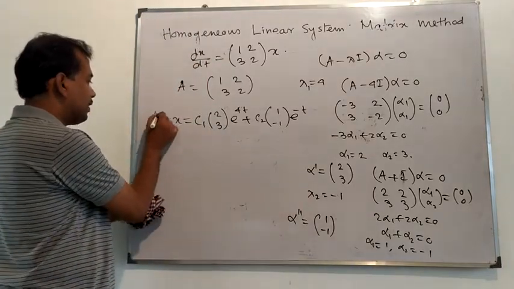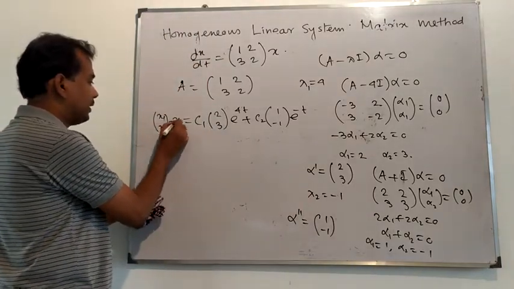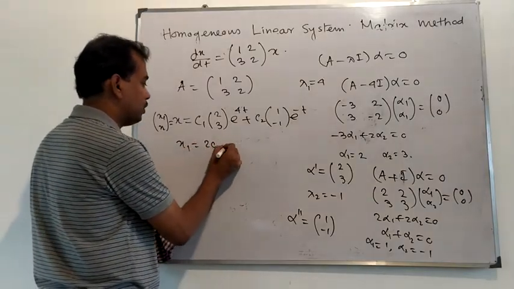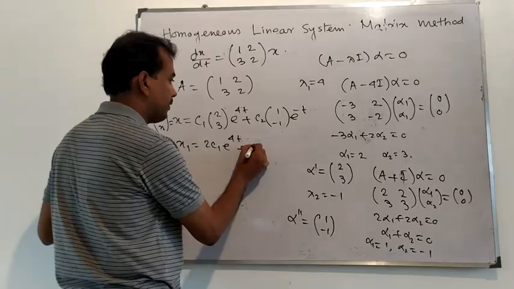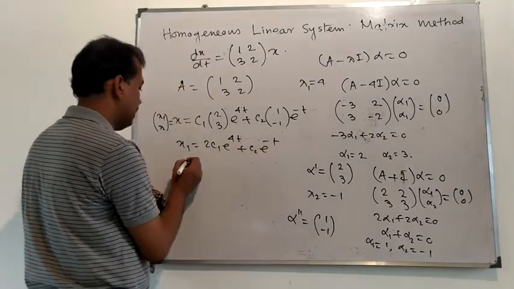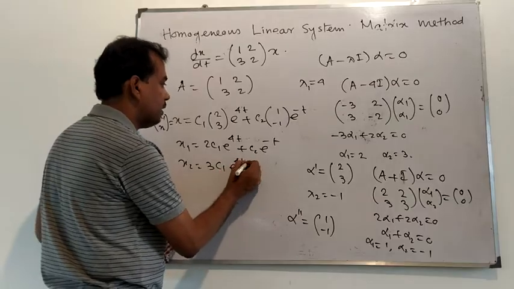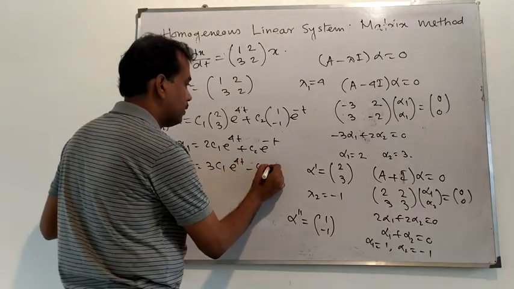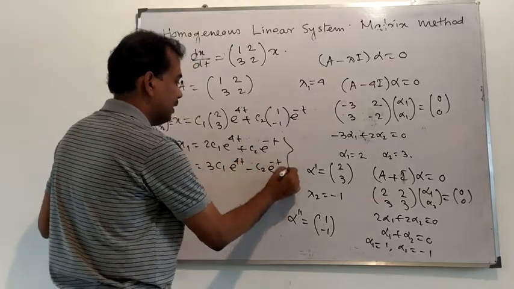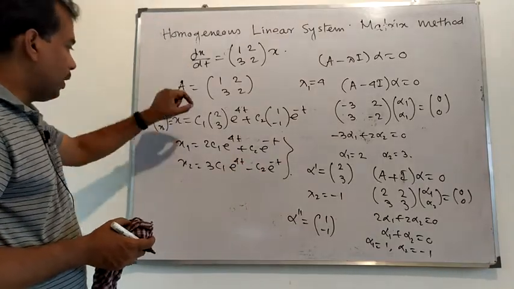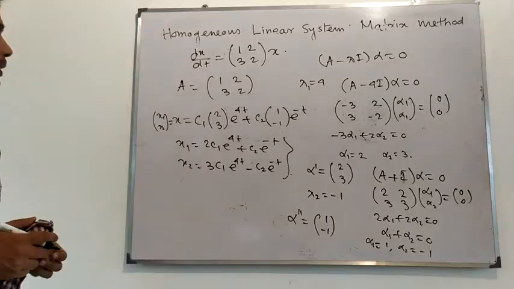Here x is equal to (x1, x2). So x1 is equal to 2 C1 e to the power 4t plus C2 e to the power minus t, x2 equal to 3 C1 e to the power 4t minus C2 e to the power minus t. This is the general solution of this system where C1, C2 are arbitrary constants.